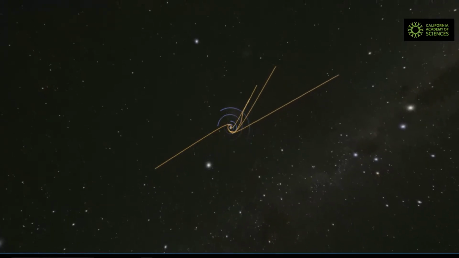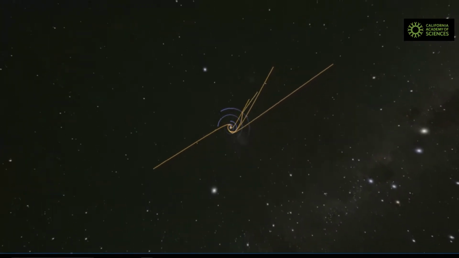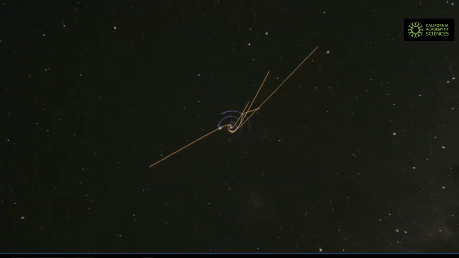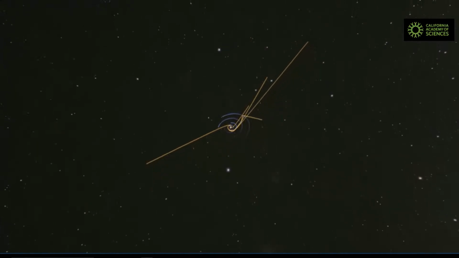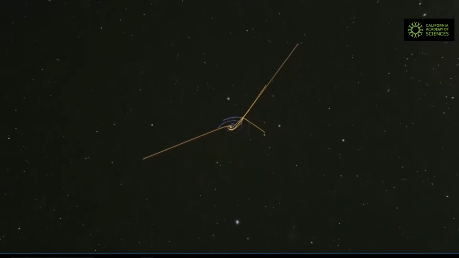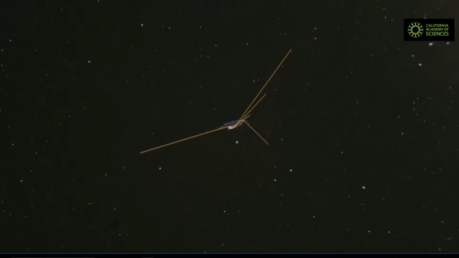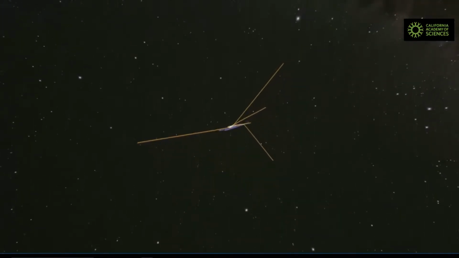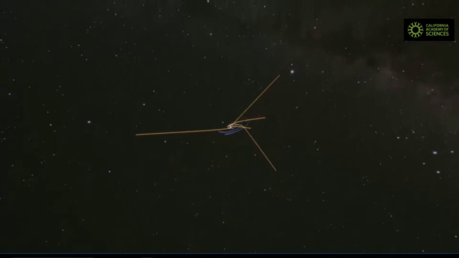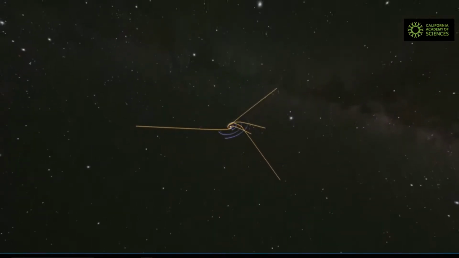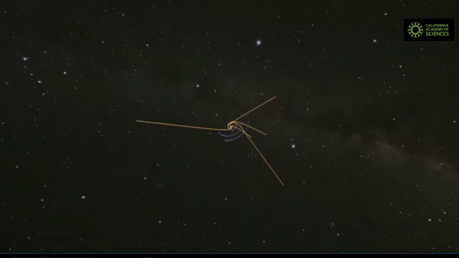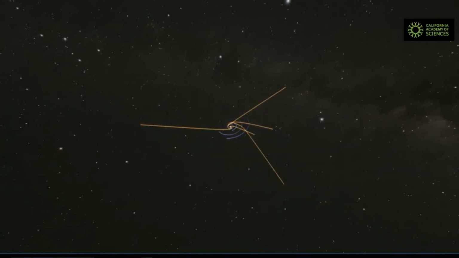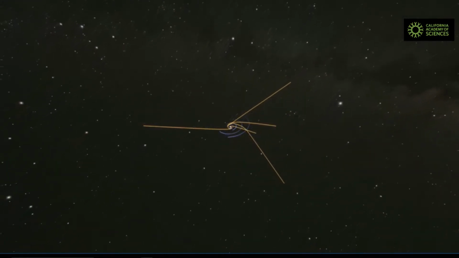And then Pioneer 11, which followed it, is one of these traveling off in the other direction. The farthest spacecraft that has traveled from Earth is Voyager 1, which has the longest path. And that spacecraft has traveled about 17 billion miles away from Earth in the past 44 years. It was launched back in 1977, and it's taken 44 years for it to get way out here.